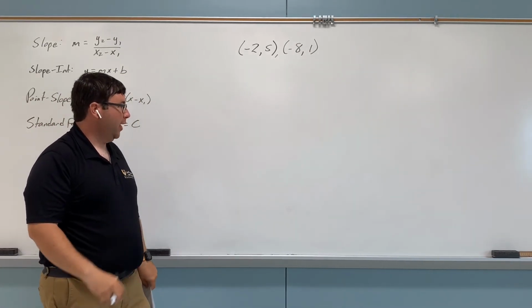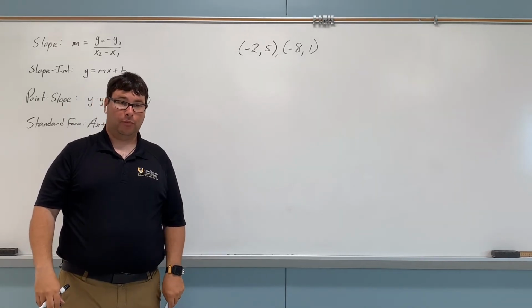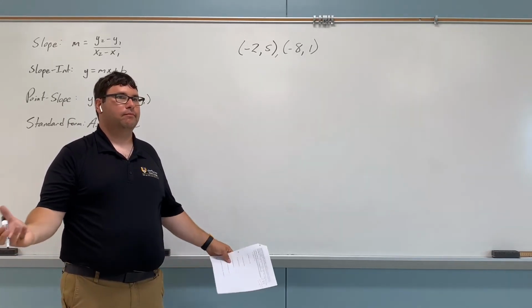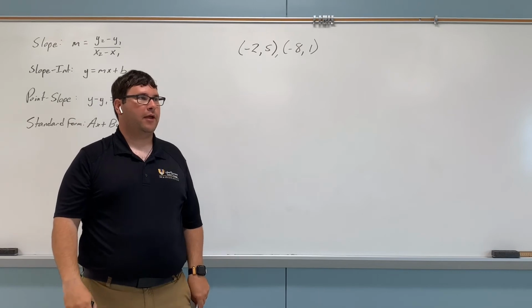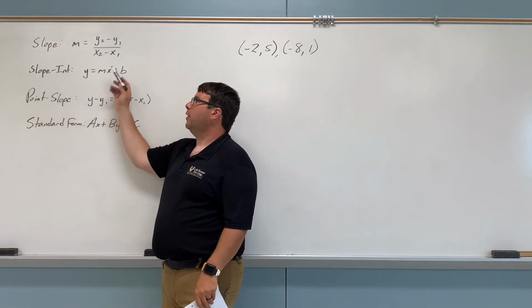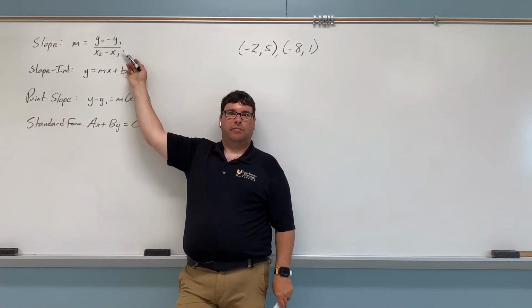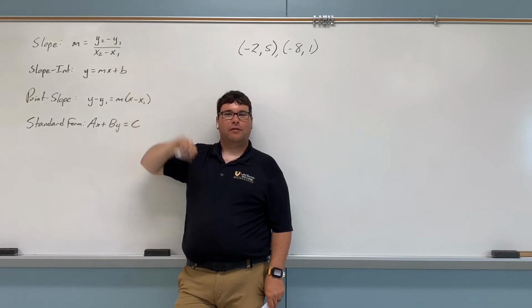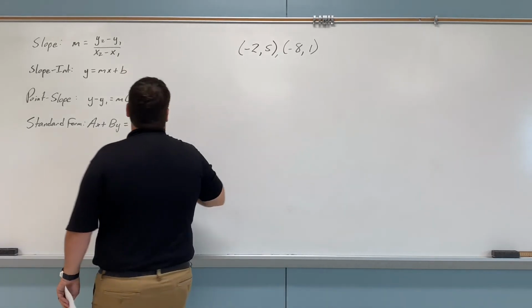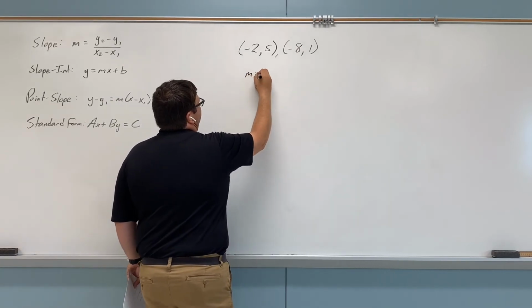How in the world do you get an equation from 2 points? We almost need something that can process 2 points to give us something useful. Something like how those points are changing, like a slope. So let's use that slope formula.